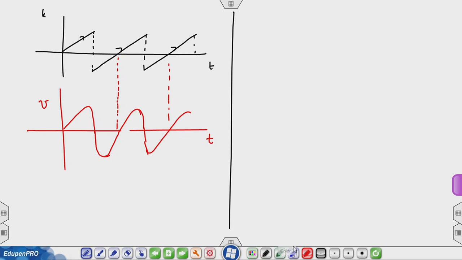Then let us plot the displacement. When v is 0, displacement is going to be minimum. Then it goes up, becomes maximum or minimum at v equals 0.